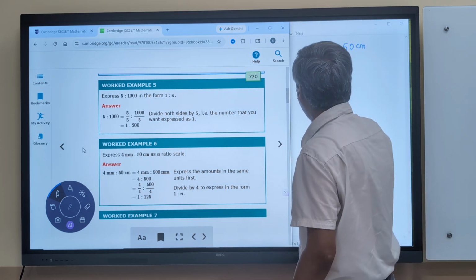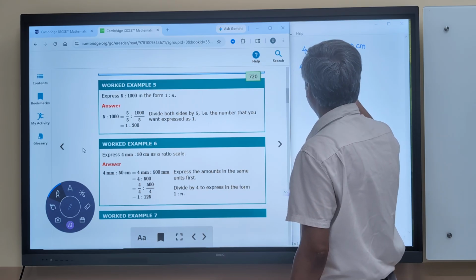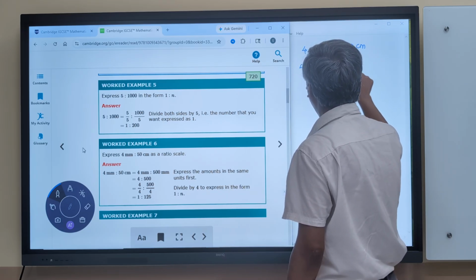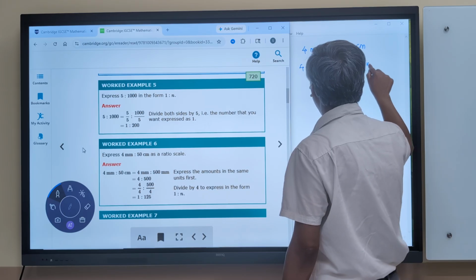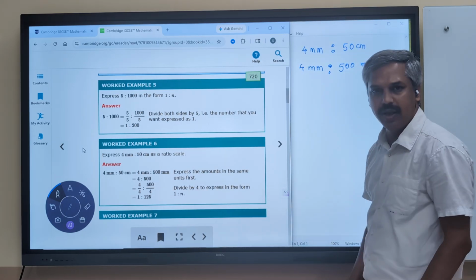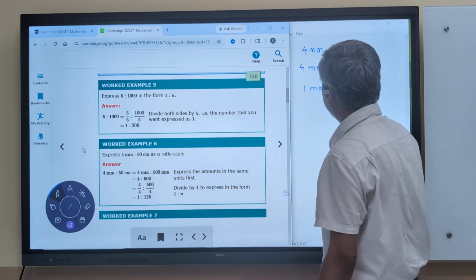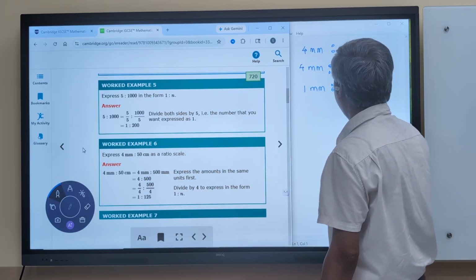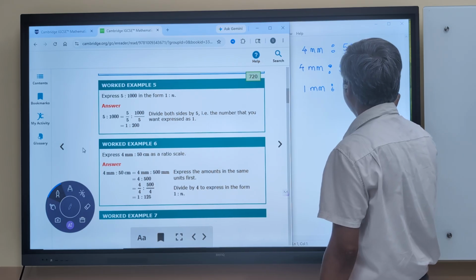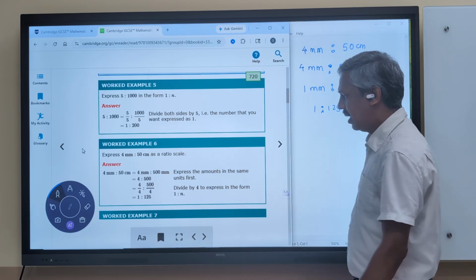So we get 4 mm is to 500 mm. 1 centimeter is 10 millimeter, so 50 cm is 500 mm. And then we divide by 4. So 1 mm is to 125 mm. So the ratio comes out to 1 is to 125.